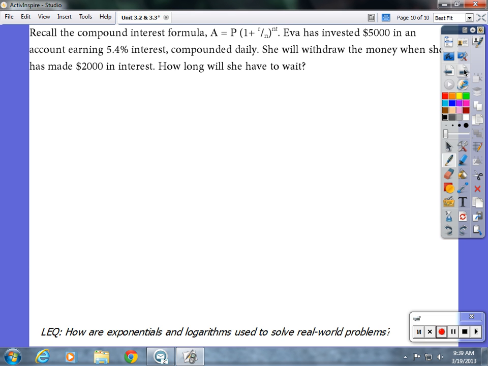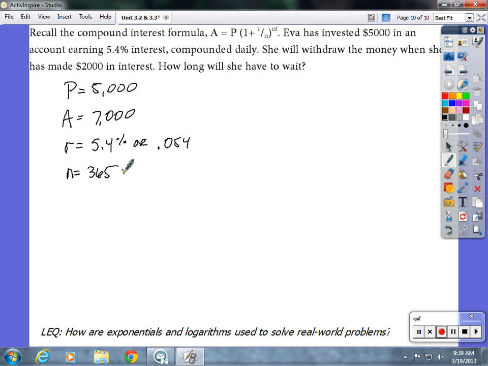So let's discuss what we have here. P is 5,000. A is $2,000 more than that, so 7,000. R is 5.4%, or 0.054, and n is daily. That's 365 days in 1 year.